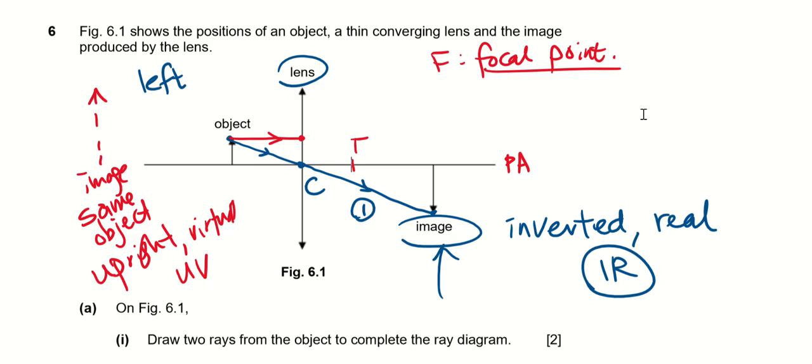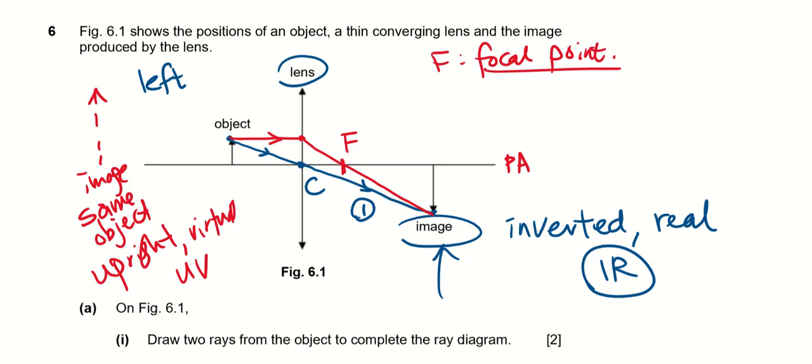Okay? But because in this question, no focal point is given, but I know that this light ray that comes out from the tip of the object must go on to form the tip of the image. It must, right? So where it cuts the principal axis will then be my focal point.